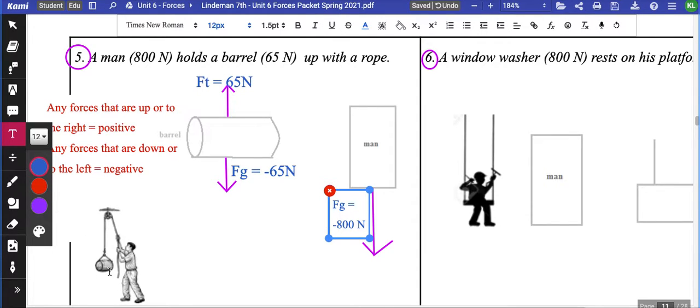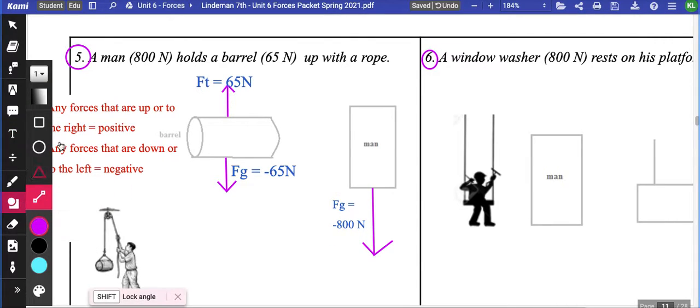The barrel is also stationary, okay? If you are pulling on something, that object is also pulling on you. And if there's no movement, those forces are balanced, okay? So because of that, I can assign a pull force here because he's pulling, right? So he's pulling, so that means that the object is also pulling back on him, okay?